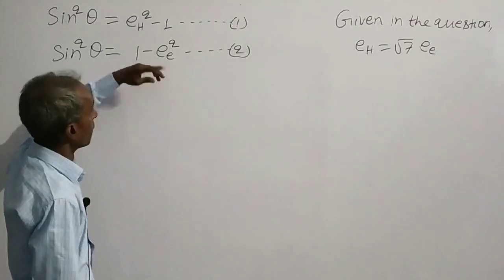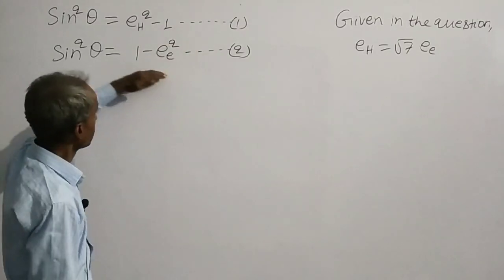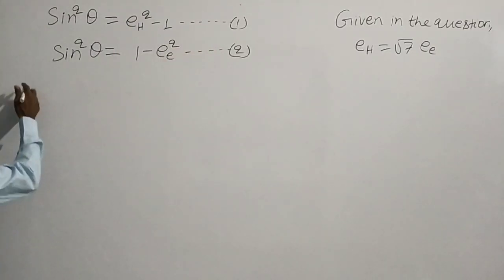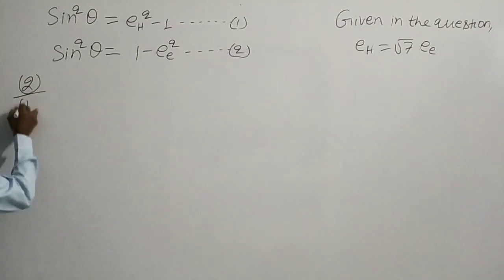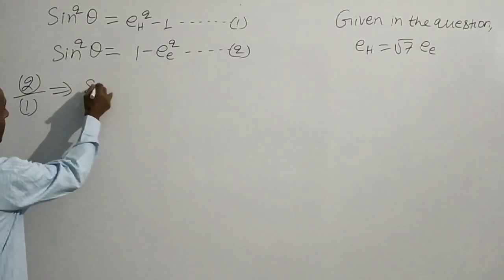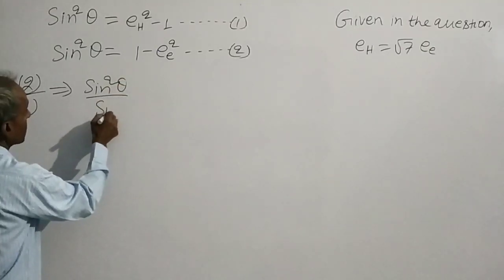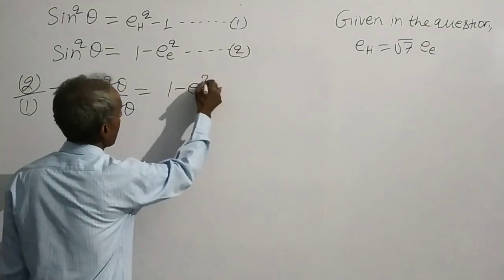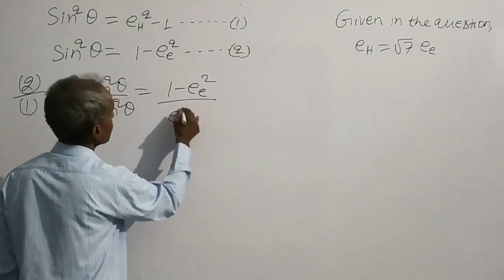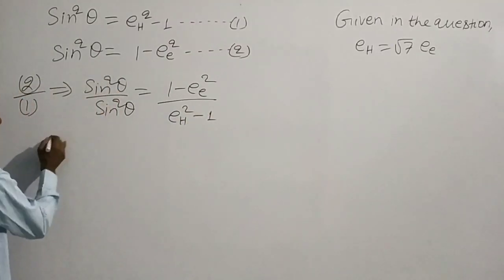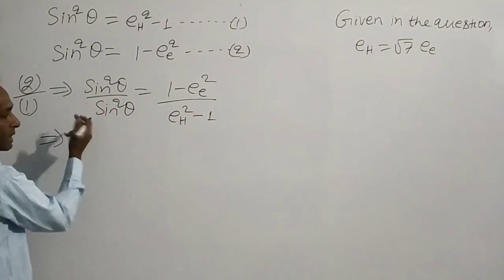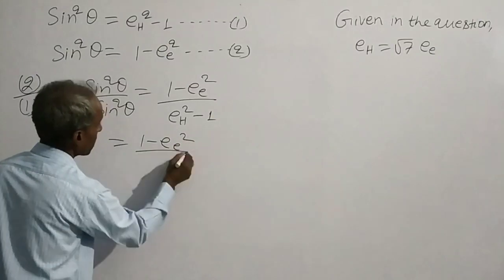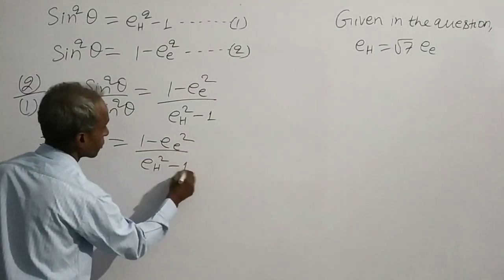Dividing 2 by 1, we get sin square theta by sin square theta is equal to (1 minus e square) by (eh square minus 1).